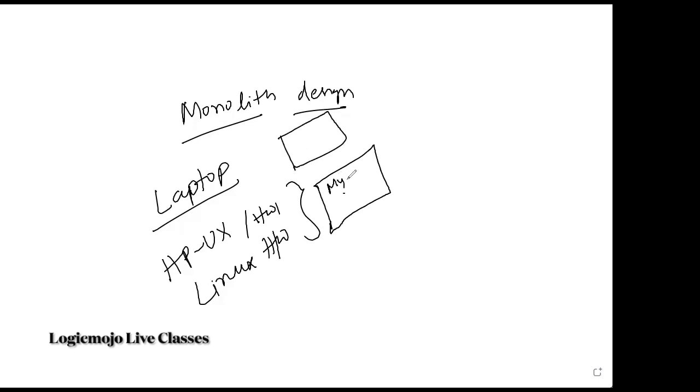You installed MySQL, you installed Tomcat, you needed a cache, you installed the cache also. Whatever you needed, you installed everything here. And from the outside world, you hit that IP address or service, and you get the response. Absolutely, it works like a charm.